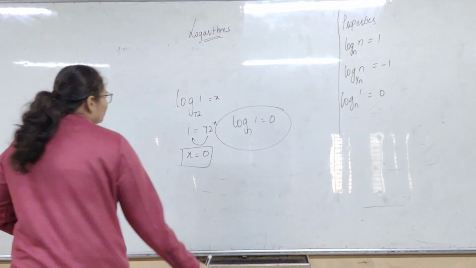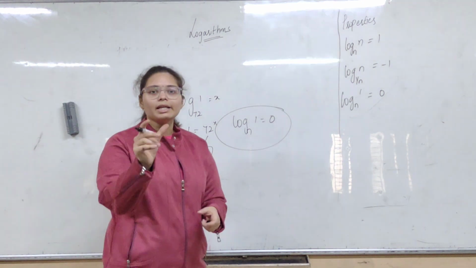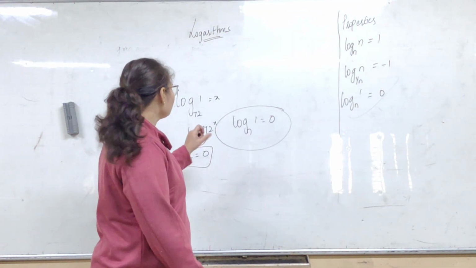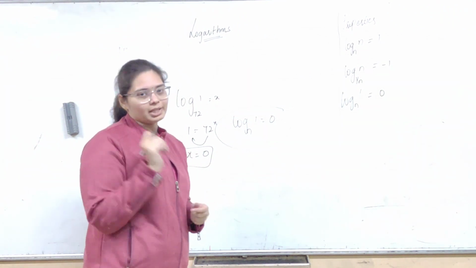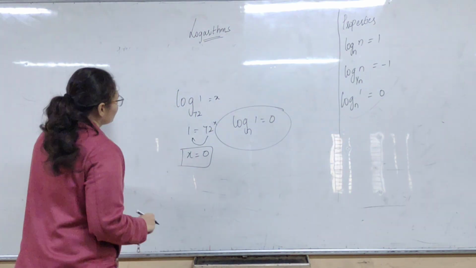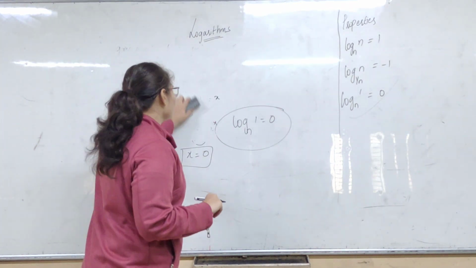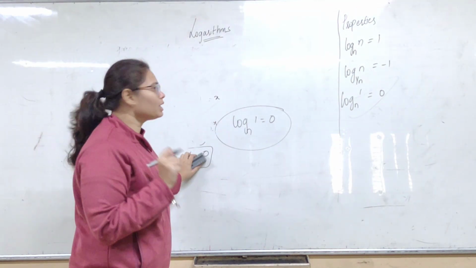Right? So before going to further properties, let's see the conditions of logarithm where the log will be existing and where log won't be existing. Right? So let's see some characteristics of log first. Then we will go to the further properties. Right?